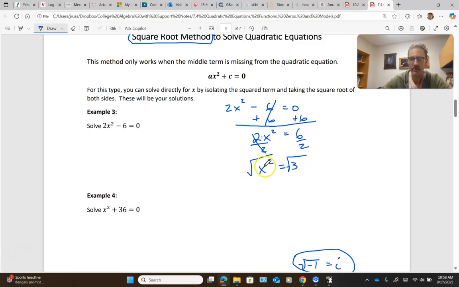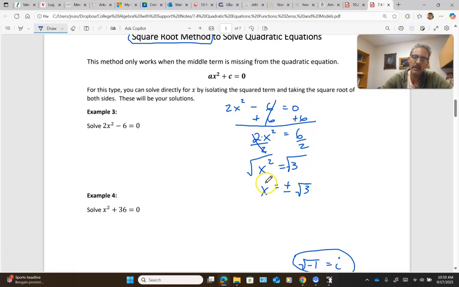The square root of x squared is x, because what do you have to square to get x squared? Well, you have to square x. And then over here you have the square root of 3, which we're not going to be able to do anything with. But also, guys, not only do you have the positive root, you also get the negative root.